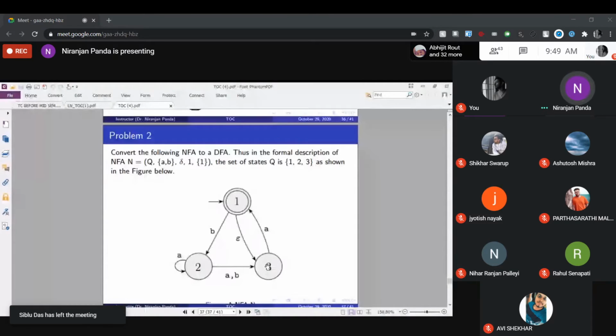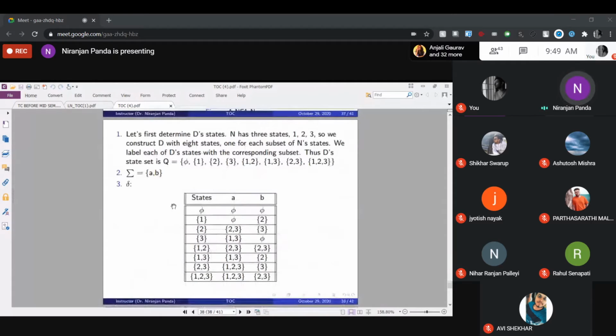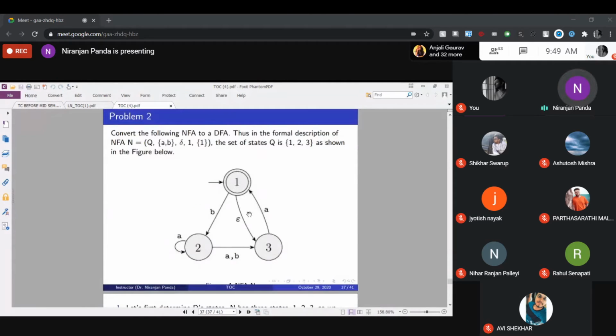Then here we can go for some more differences, but now I'm just going for it, then I will go for the exam. Then you can see this is the NFA. Tell me, what is the maximum number of states possible in its DFA?